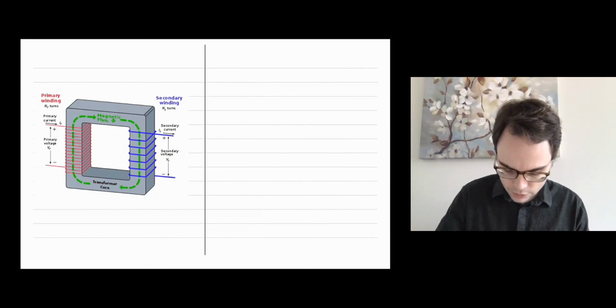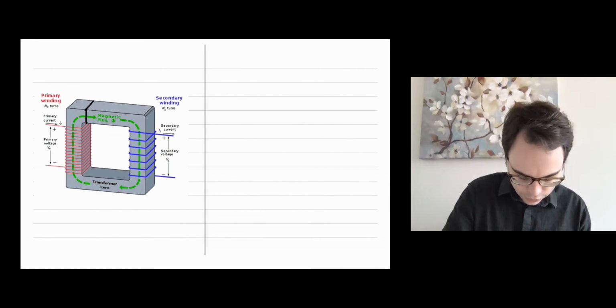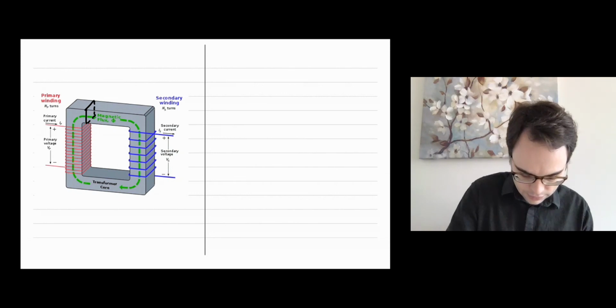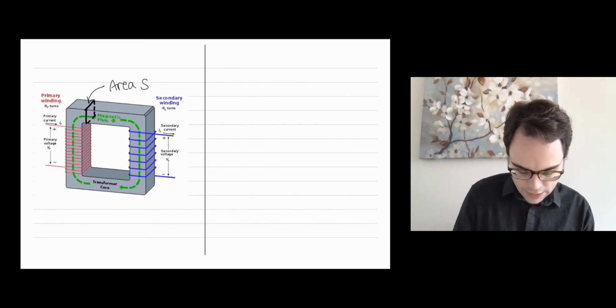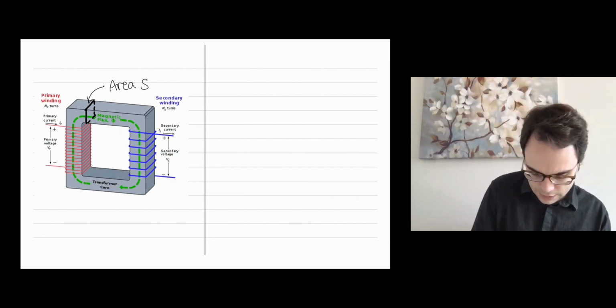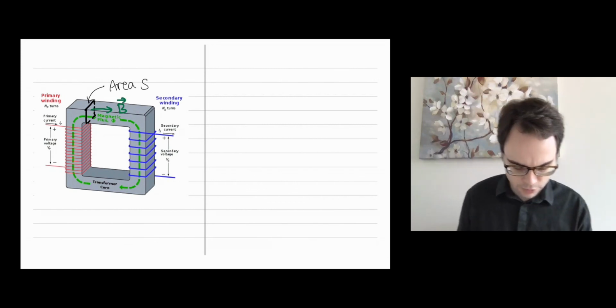So here, let's look at a little section of the iron core. This is the cross section area A. And let's look at the magnetic field, which goes along with the iron. That's why we chose to work with iron to begin with.